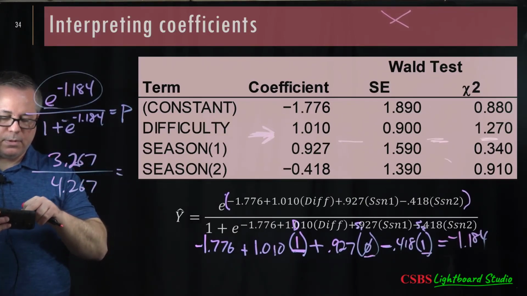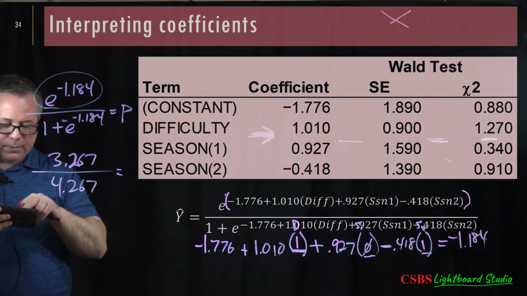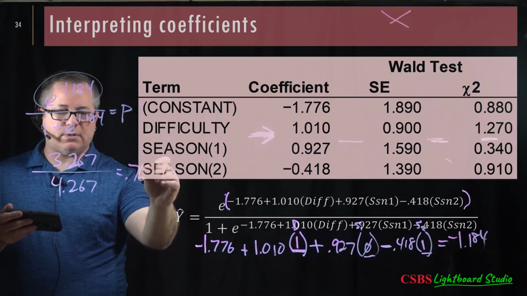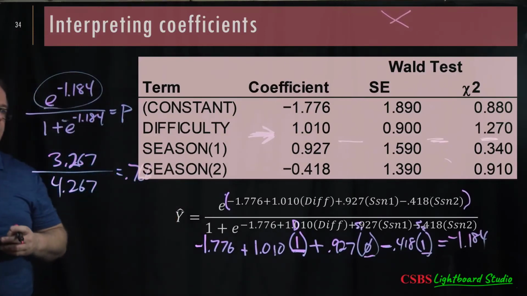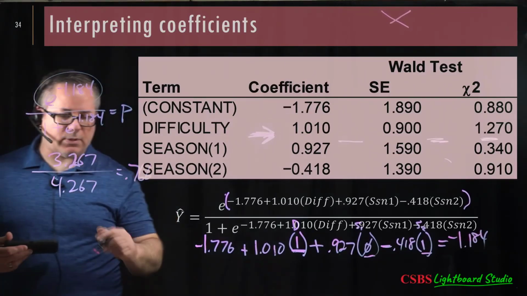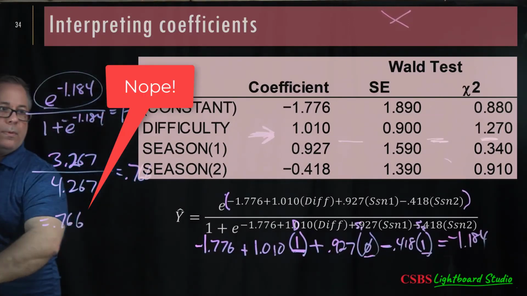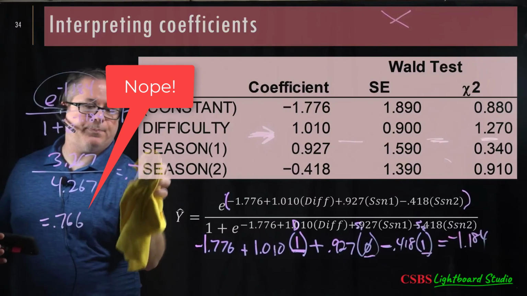3.267 divided by 4.267. I get 0.766. Anybody else get that number?